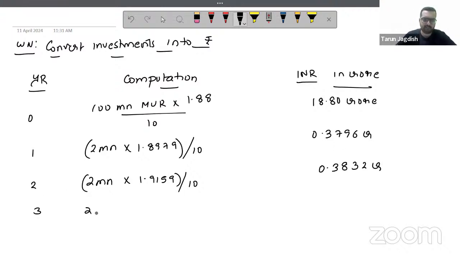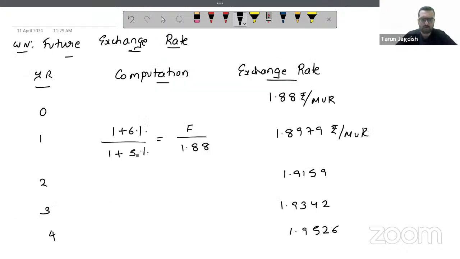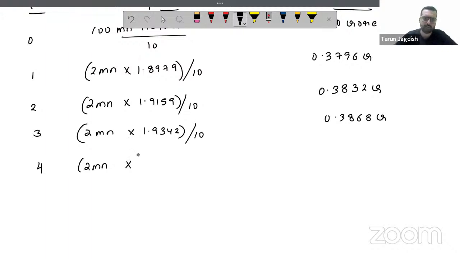Like this, friends, year 3, it will be this into 1.9342, but I will divide it by 10. 0.3868 crore. And then in year 4, it will be 2 million into 1.9526, 0.3905 crore.